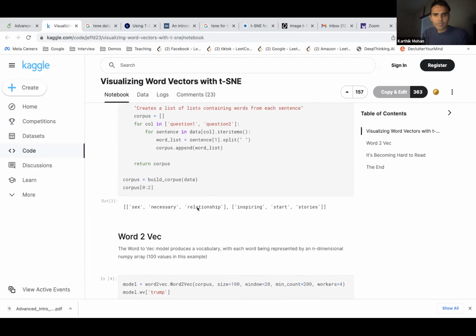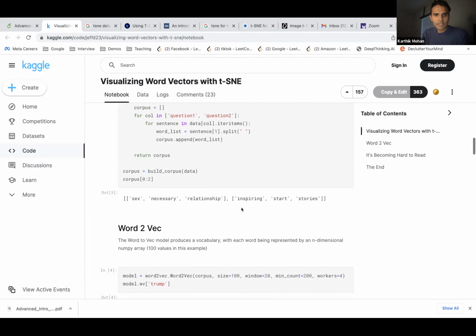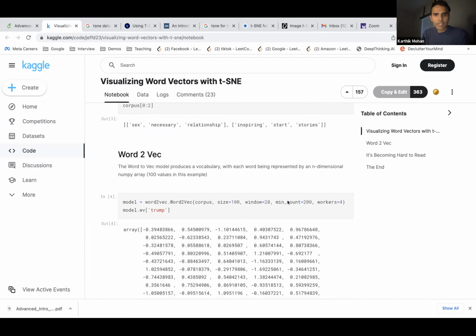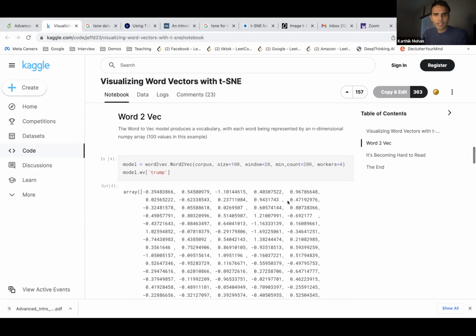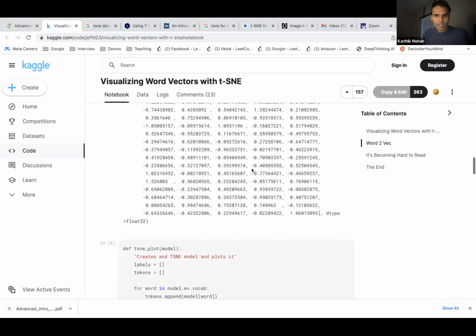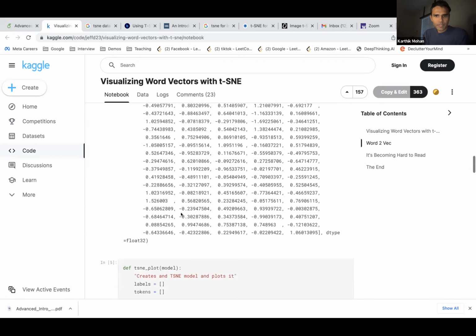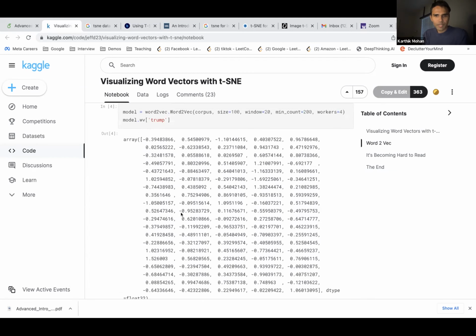So you extract the words out of the sentences, breaking it up into words. And then word2vec takes any word and gives you some dimensional representation. So here, what is this dimension? It's 1, 2, 3, 4, 5. Is it 100 dimensional? I think so.